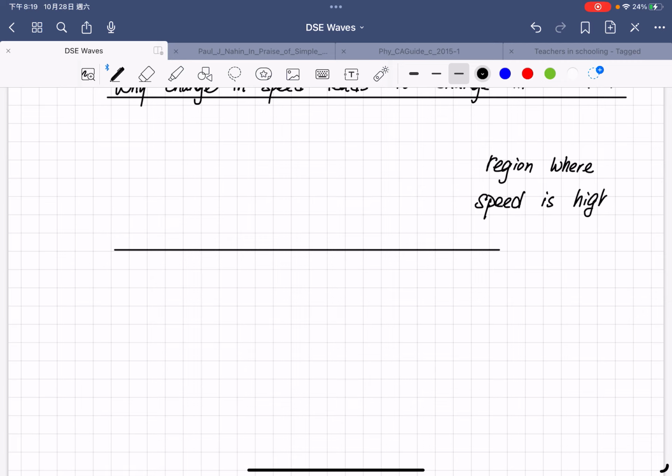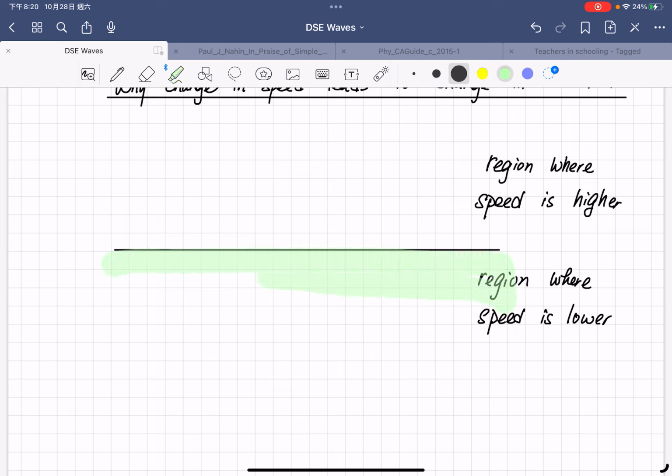The lower region is a region where the speed is lower. Let me color the second region like this. And now, as we emphasized before, there is a ray coming in.